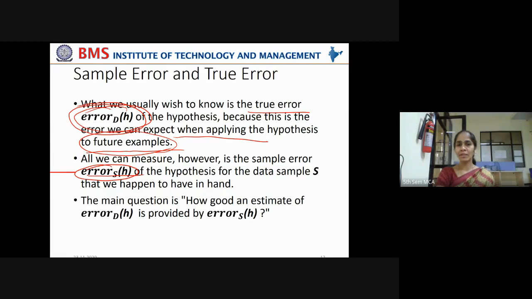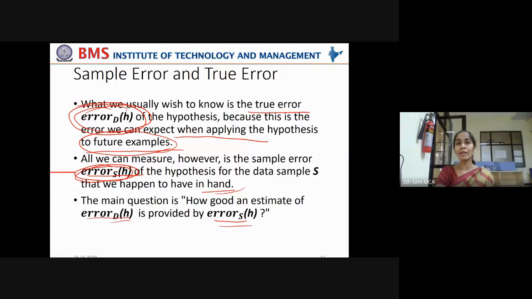So all we can measure, however, is the sample error, error S of h of the hypothesis, for the data sample S that we happen to have in hand, which is under our control. Now the main question is, how good an estimate of error D, that is true error, is provided by the sample error?